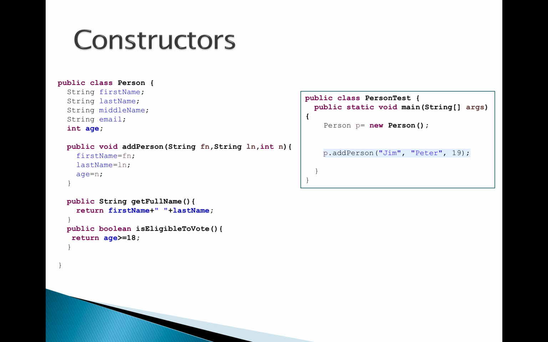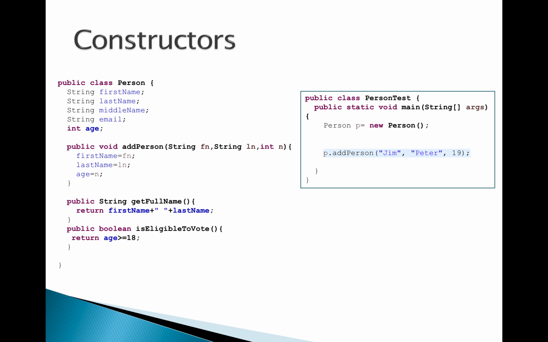So the actual values John, Peter, 19 are going to be given to the parameters fn, ln, and n, and fn, ln, n are going to be assigned to the instance variables. So basically the 3 statements we did earlier in the main method, p.firstName, p.lastName and so on, have been moved to a method, and I'm just calling the method.